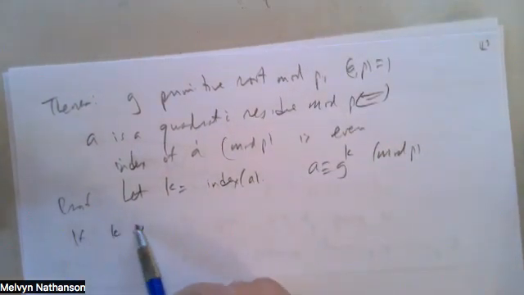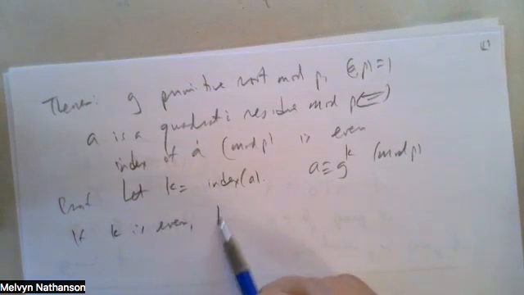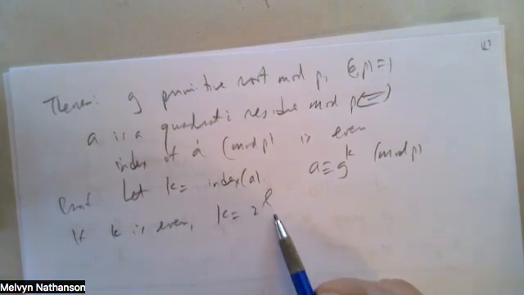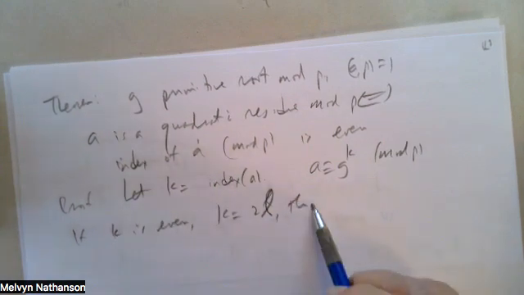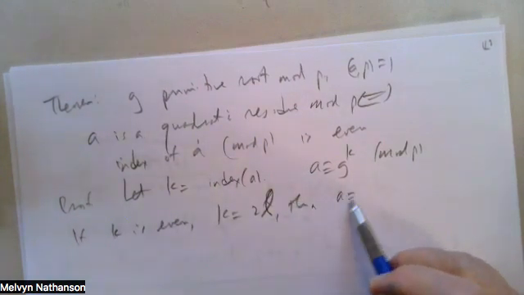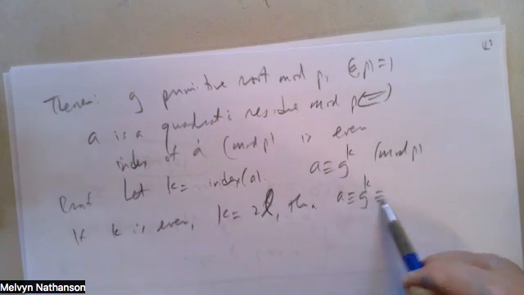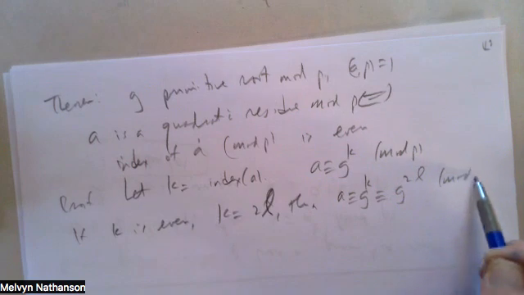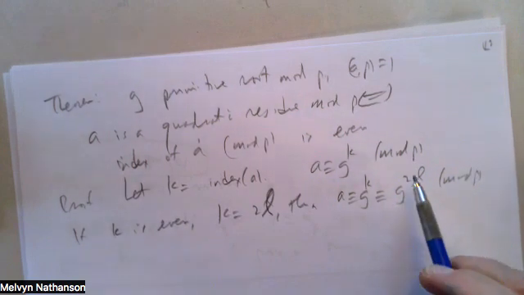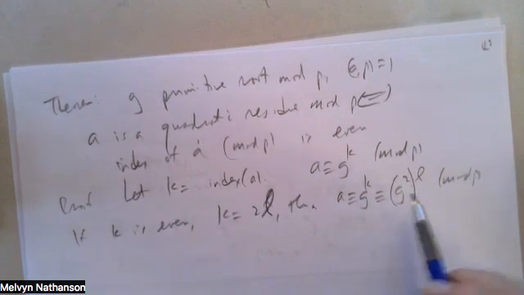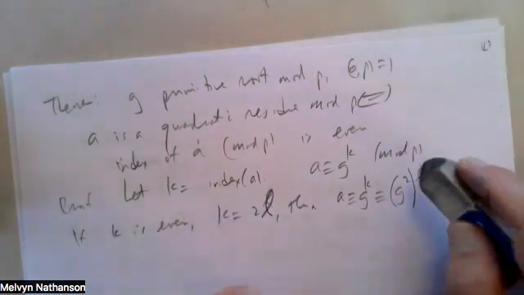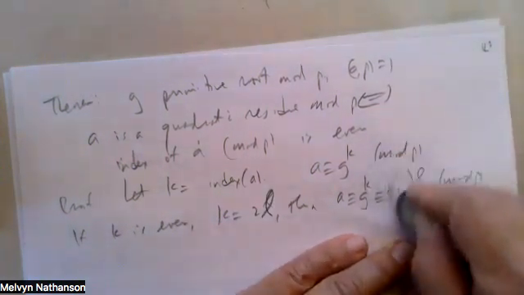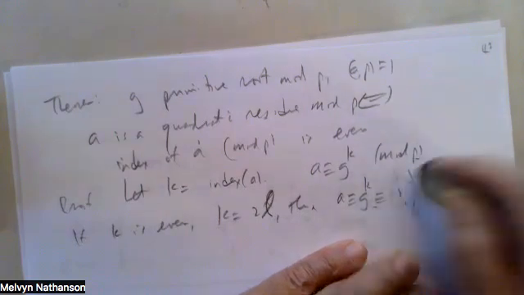If K is an even number, K equal 2 times L, then A is congruent to G to the K, which is G to the 2L mod P. Let me write it like this.